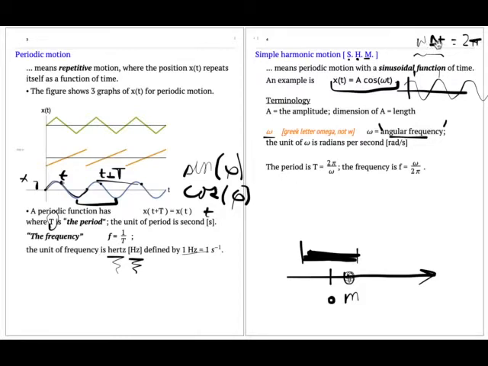So the period is this delta t, the time from one crest to the next crest, for example. So you see delta t is 2 pi over omega. That's the period. And the frequency is 1 over T. So the frequency is omega over 2 pi.